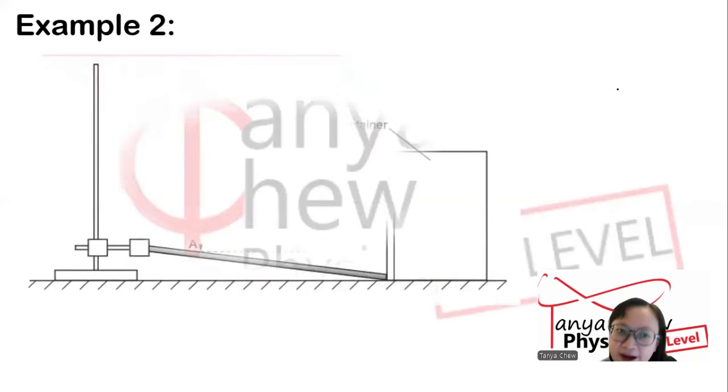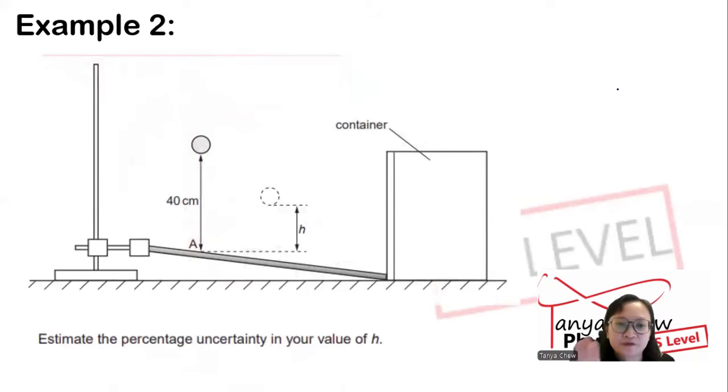Now, another example. First, look at this ball. It's being dropped from 40 cm, hits a ramp, and h is the rebound height of the ball. Because there's no clamp to hold my meter rule, and the ball might knock on it, all I need to do is place the meter rule as close as possible to the ball, but not touching it.